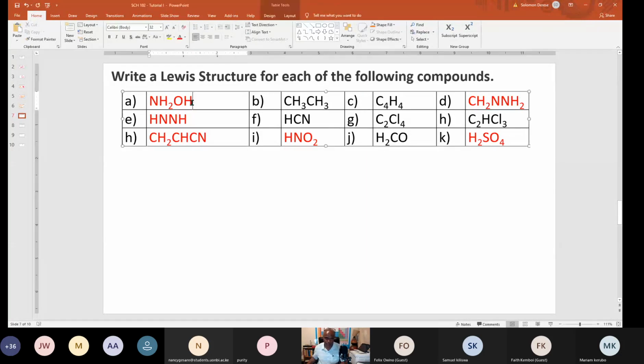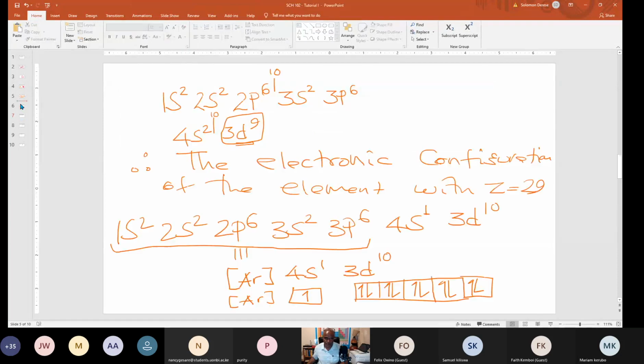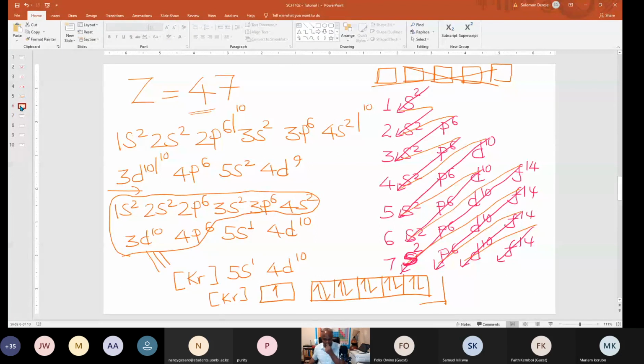Sir, I have a question back there while we were writing the electronic configuration. For example, I've gotten an element in group 8B, and that is element atomic number 46.